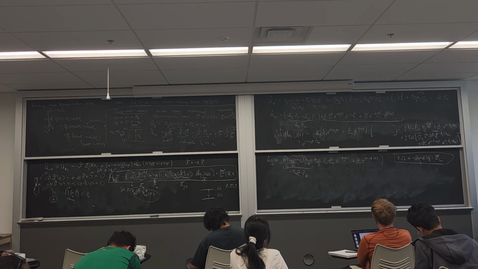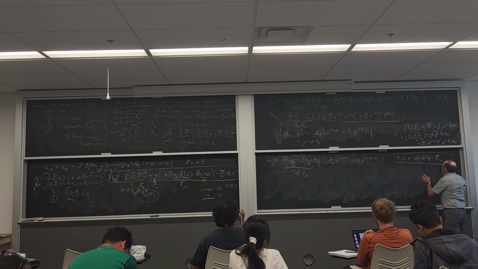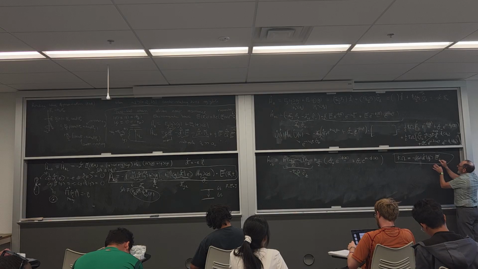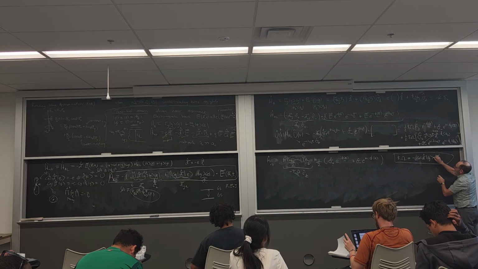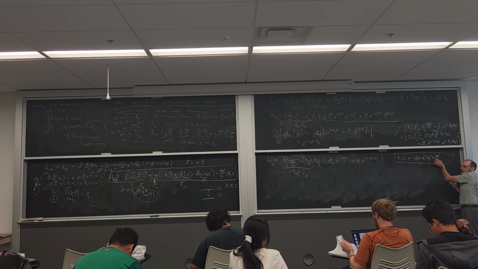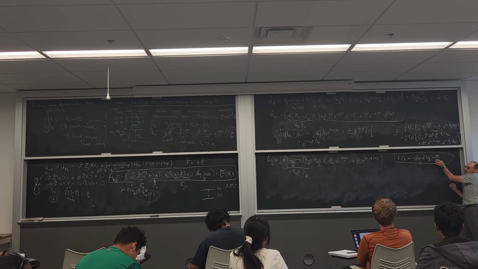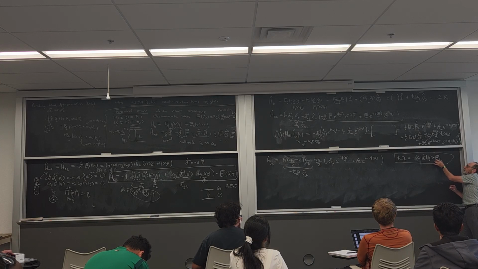So the Rabi frequency depends on the dipole matrix element and the strength of the electric field. The strength of the electric field is proportional to the square root of the intensity.